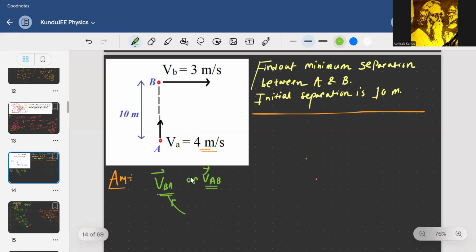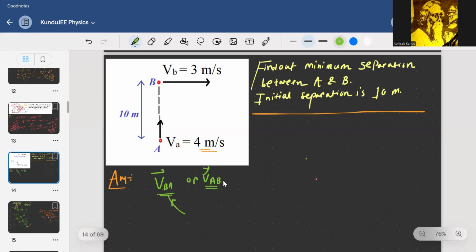It means if we keep A fixed at some point, how it will observe the other particle to be moving. Similarly, if we want to find the velocity of particle A with respect to particle B, that means how B will observe A to be moving.